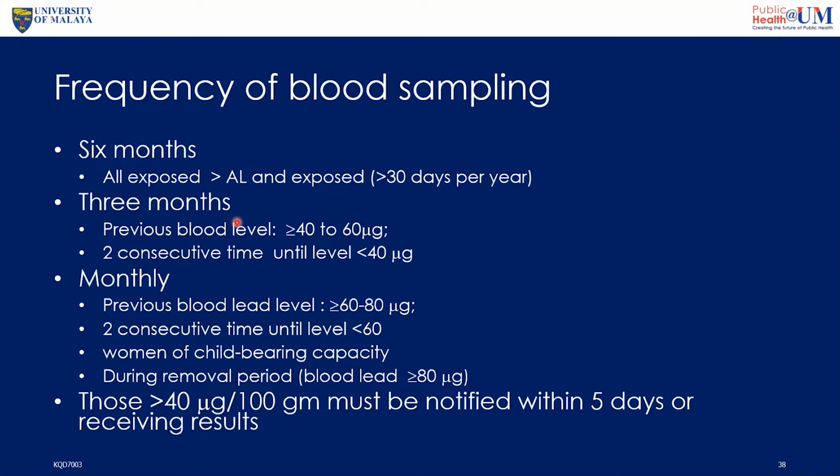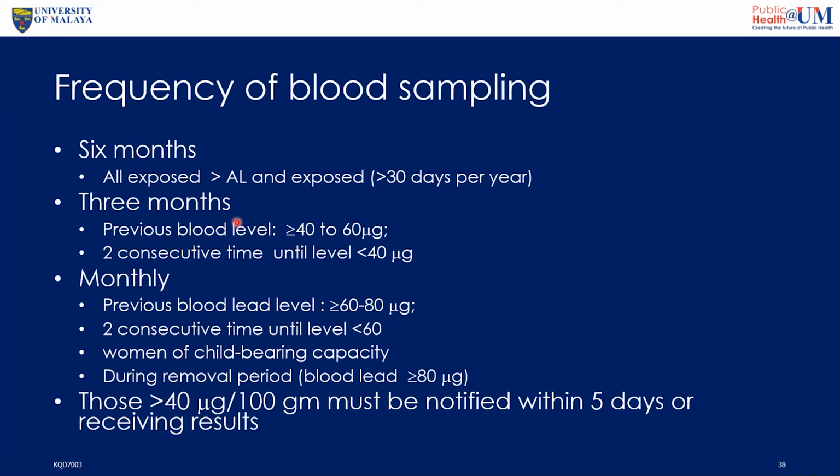So the idea is all exposed more than action level must do blood sampling every 6 months. So what does that mean to what we call the cost of production? The cost of production will increase because you need to do blood sampling every 6 months.